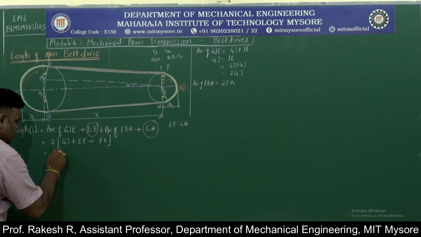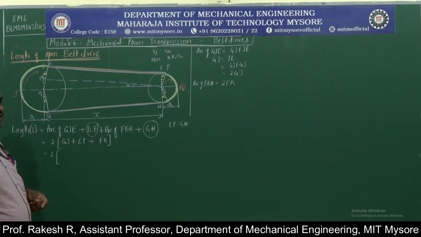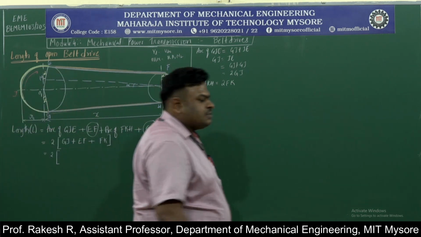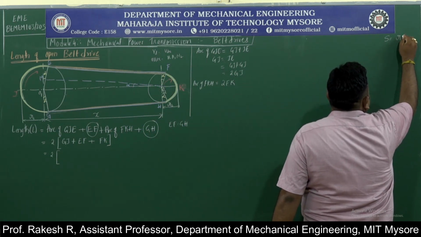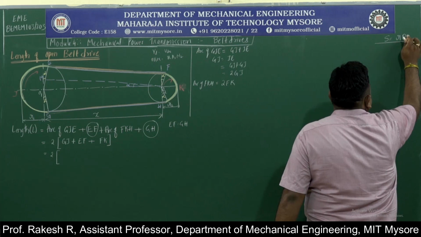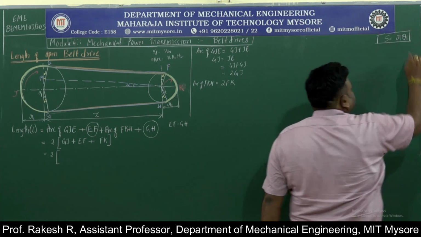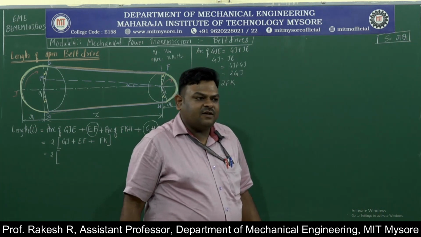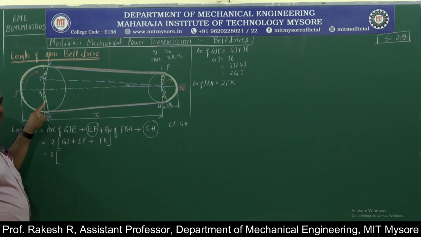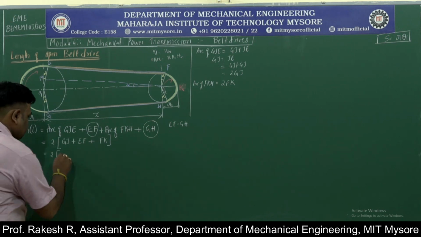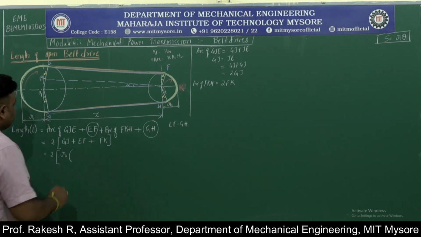So 2 GJ. What is GJ? This is G to J. That is nothing but length of the arc. Length of the arc is nothing but S. Usually we would be using in mathematics, radius into theta. This is the formula whenever we calculate length of the arc. Similarly here also, this length we need to calculate. This length is nothing but radius R1 into theta.